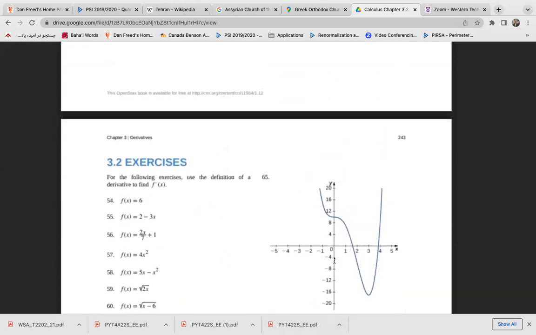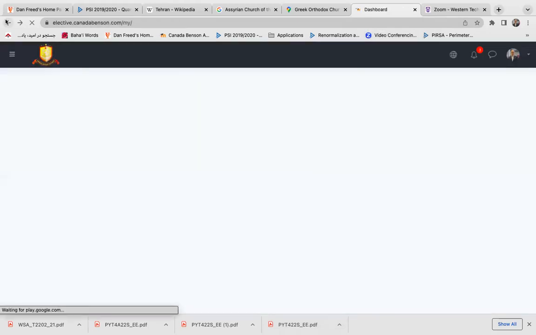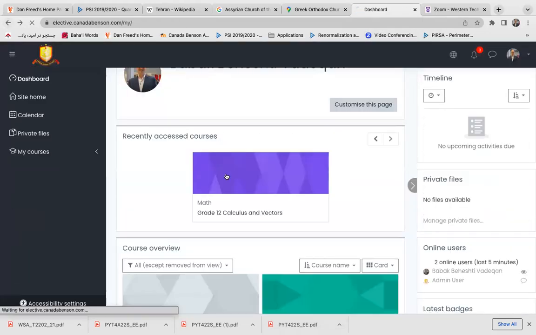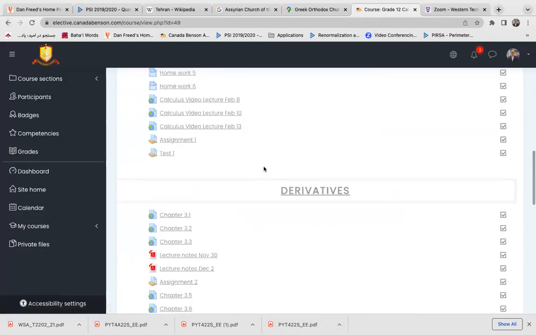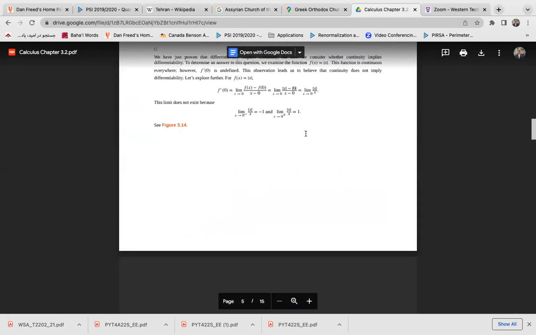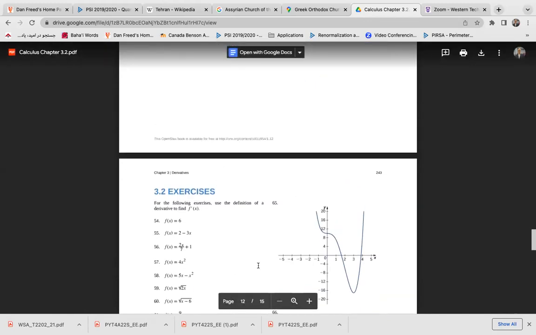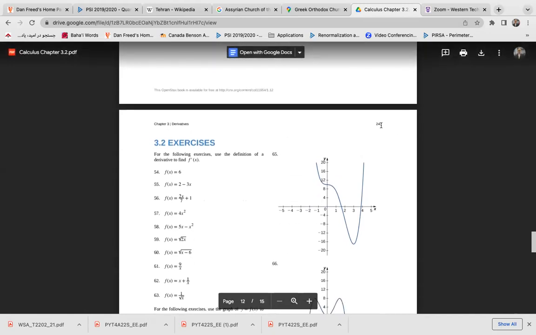Okay. So if you go to the textbook, chapter 3.2, the textbook on the website. I can even show you on the website. So this is the course website. You go to the derivatives, chapter 3.2, and then you go to the exercises 3.2 on page 243.